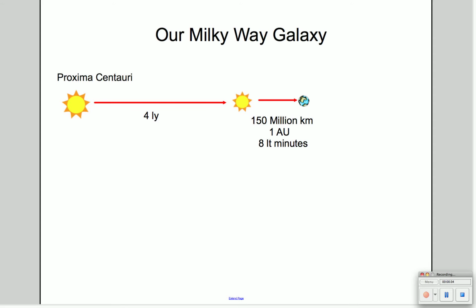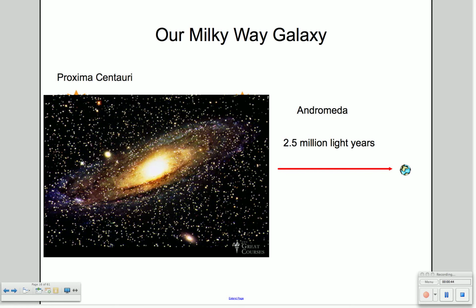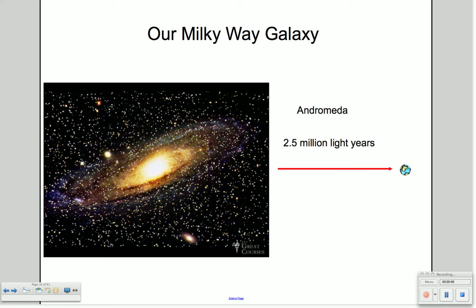The nearest star, Proxima Centauri, is 4 light years away. In other words, it takes 4 years for the light from that star to get to us. If we go further out, the nearest galaxy other than our own, the Andromeda galaxy, is 2.5 million light years away. So we're talking here about huge distances.